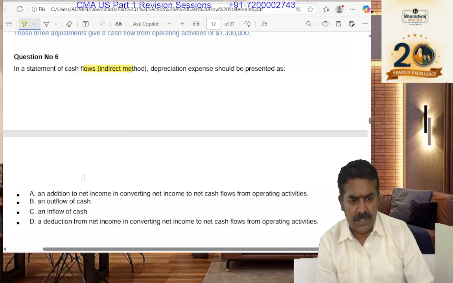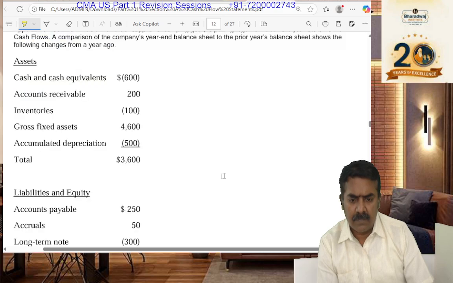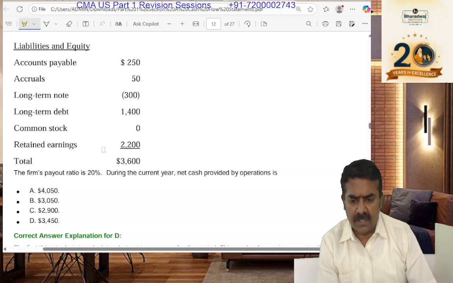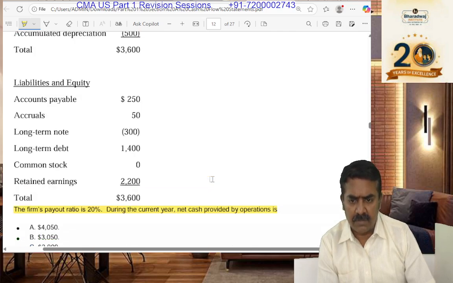Indirect method, depreciation expense will be... assets are given, liabilities are given. The FAME's payout ratio is what? 20% during the current year. Net cash provided by the operation, what is given?